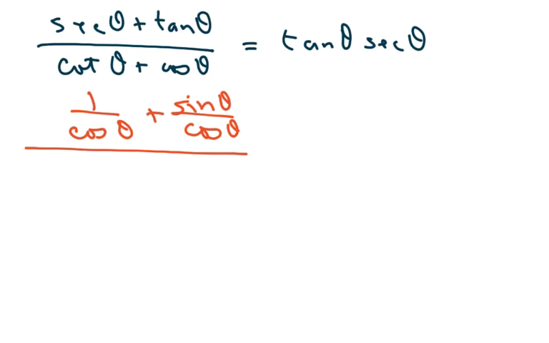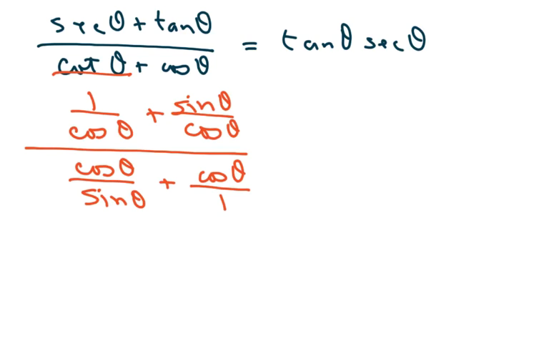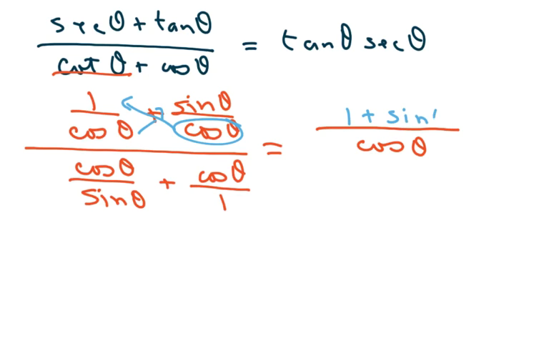And then I have this one is going to be cosine of theta over sine of theta plus cosine of theta, and I'll go ahead and put that over 1. So let's figure out our common denominator is cosine of theta, which gives me, when you cross up here, you're going to get, since it's the same denominator, you just get 1 plus sine of theta.